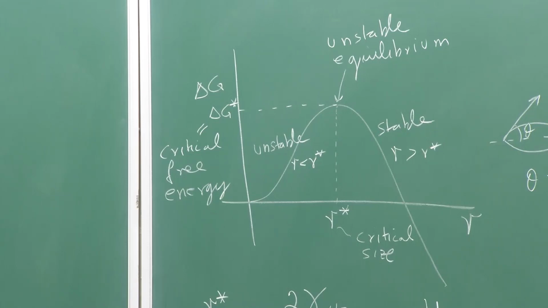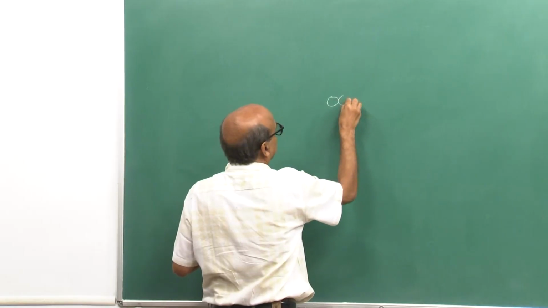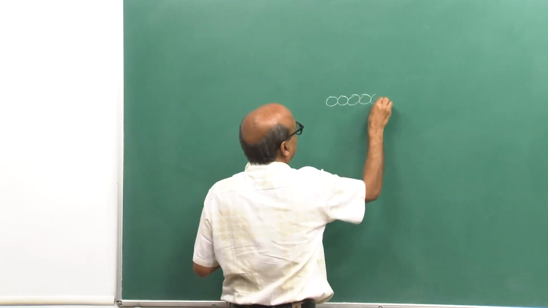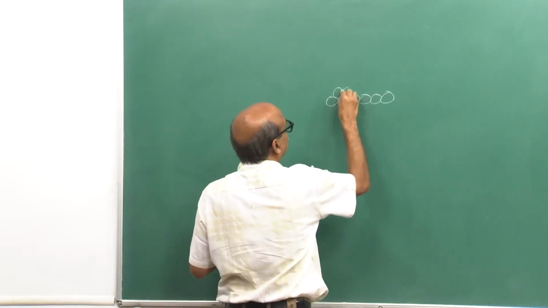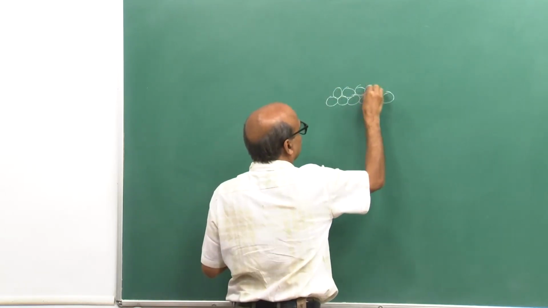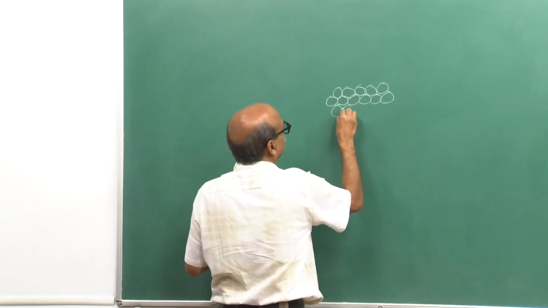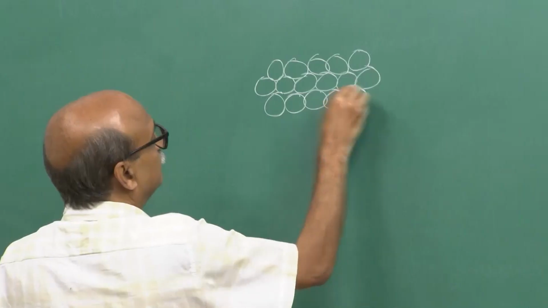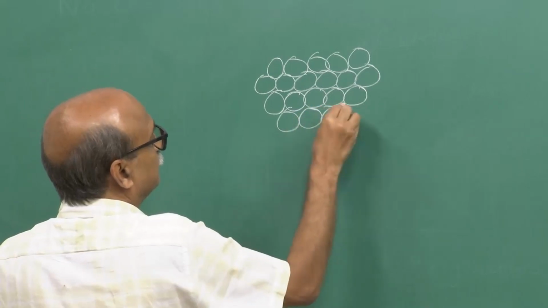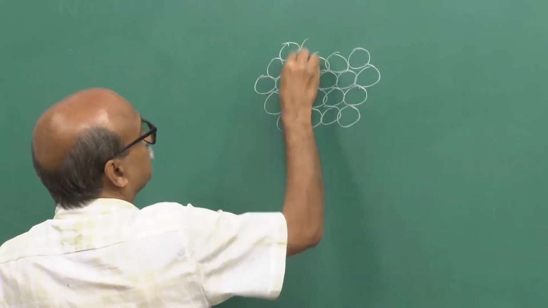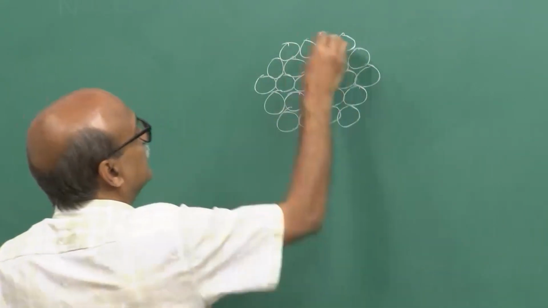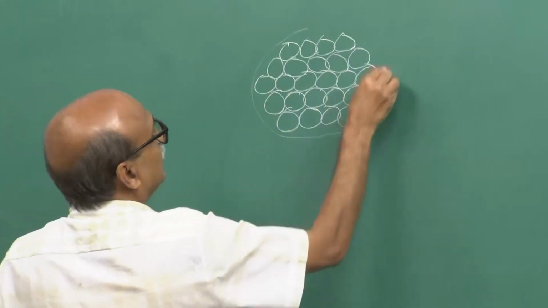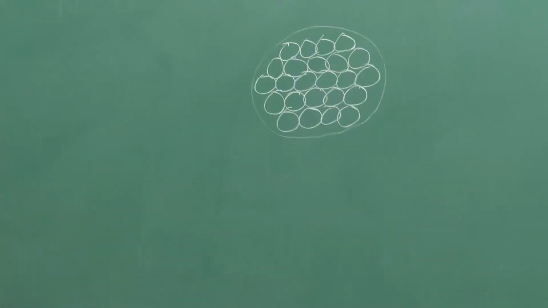So, for example, we have created a critical size nucleus, not a stable nucleus. Let us say this is a critical size nucleus consisting of some number of atoms.